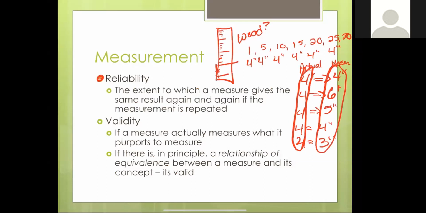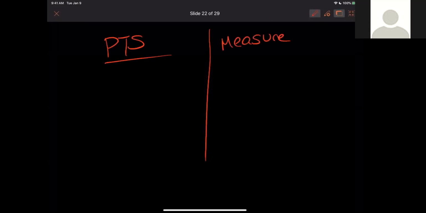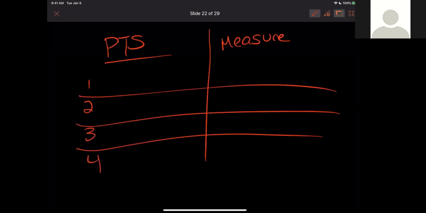So if you think about that from our last example, you have post-traumatic stress, and it is a certain level. Let's say this is day 1, day 2, day 3, day 4. You come into our program for treatment services, and we do the same 25-question survey to measure post-traumatic stress 4 days in a row.